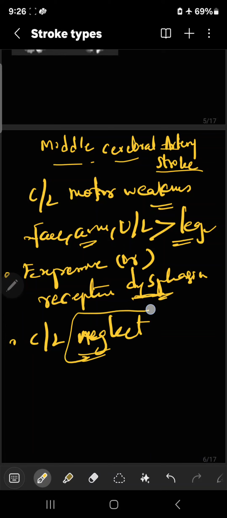So what is neglect? Neglect is like, suppose there is right arm and leg weakness. Whenever you stimulate the patient, if you pinch the patient, even though the patient senses the pain, he won't respond to you.